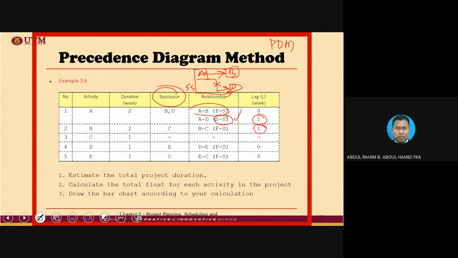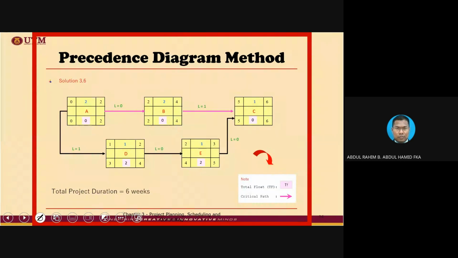Two places with lag. Okay. So first thing first, draw the diagram and look at the type of relationship. You need to be very careful, and look at whether there is a lag or a lead being indicated there, and then only you are going to have the right diagram.